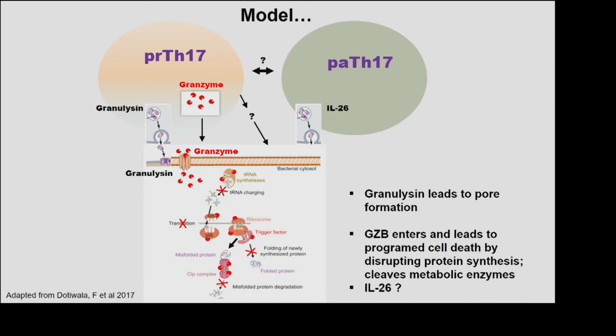On the other hand, the pathogenic Th17s produce IL-26. This IL-26 is not able to penetrate the P. acne bacterial cell wall. We don't know why, so we are starting to do studies to elucidate that. And then the other thing we're interested in studying is to see if these cells can trans-differentiate.